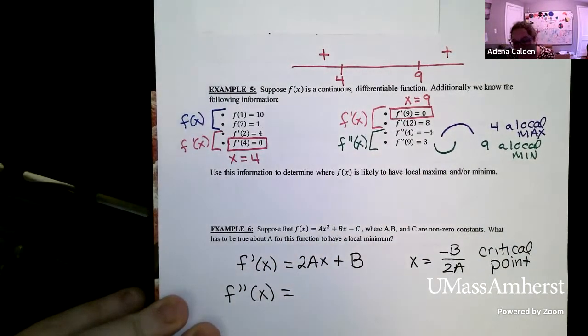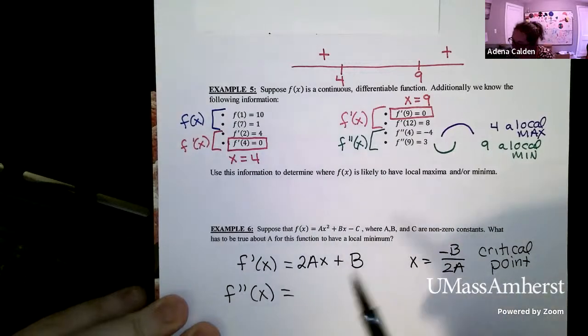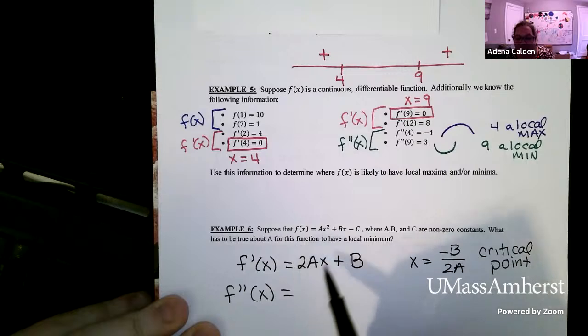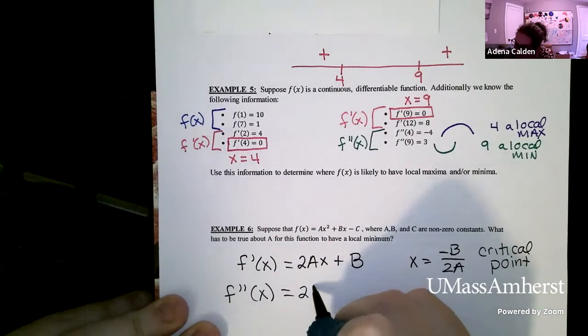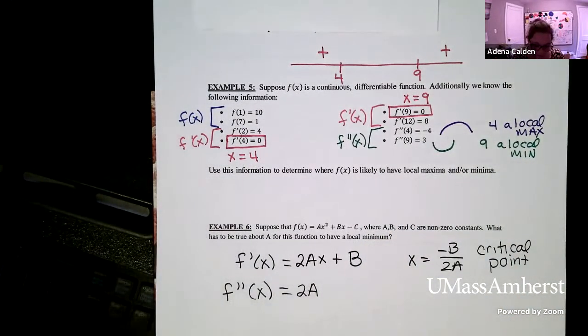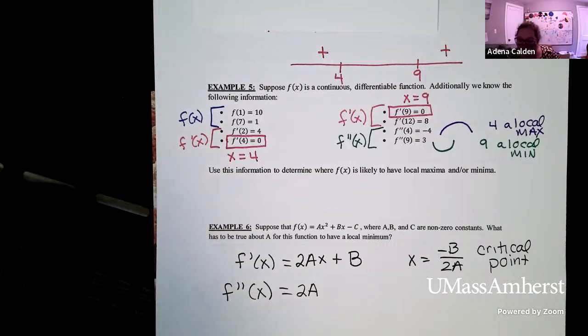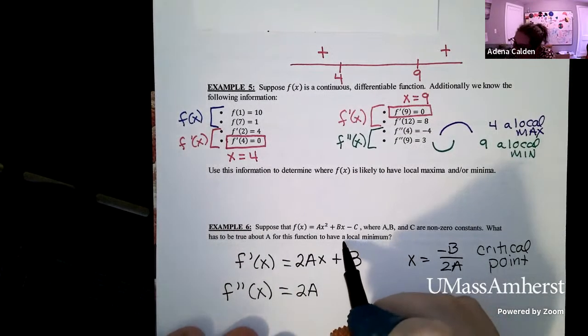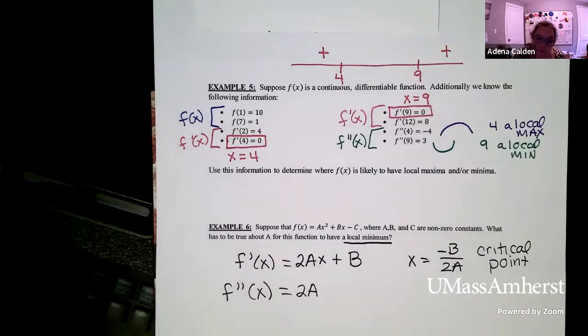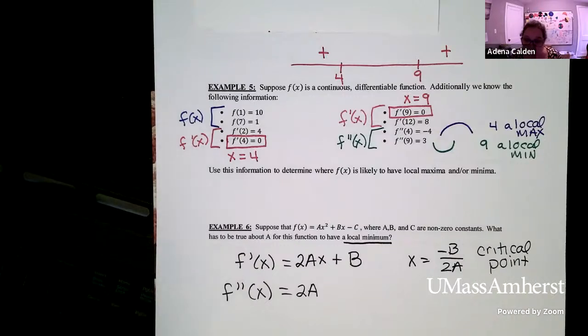So when we take the second derivative of this function, we're taking the derivative of 2ax plus b. 2a is our constant, so the derivative of 2ax is 2a, and the derivative of b is 0 because it's a constant by itself. If we want this function to have a local minimum, okay, that means that we want our function to be concave up, which tells me that my second derivative has to be positive, okay?